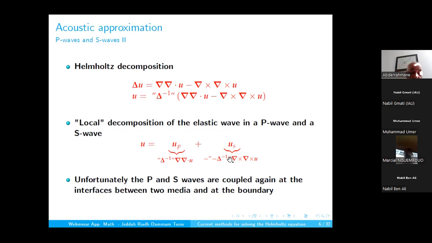Of course, this P wave and S wave are coupled when they cross, for instance, a discontinuity, when the wave crosses from one medium to another medium, or when they hit the boundary.